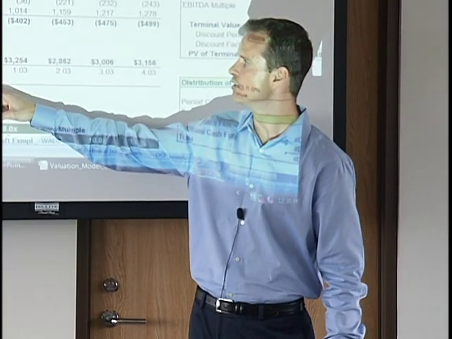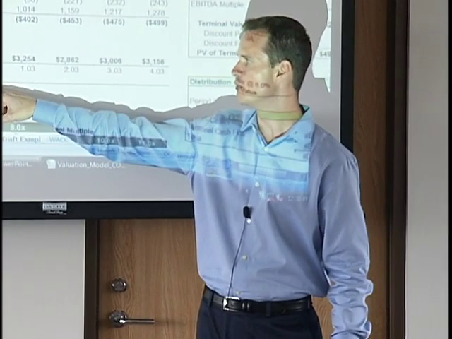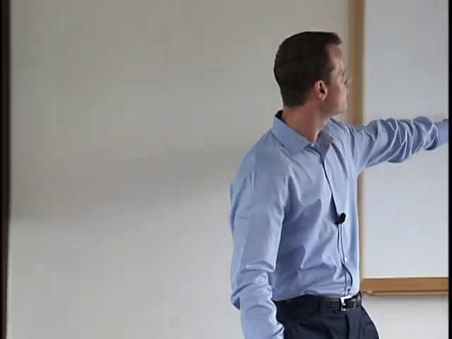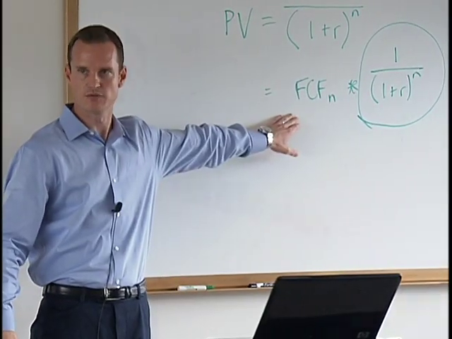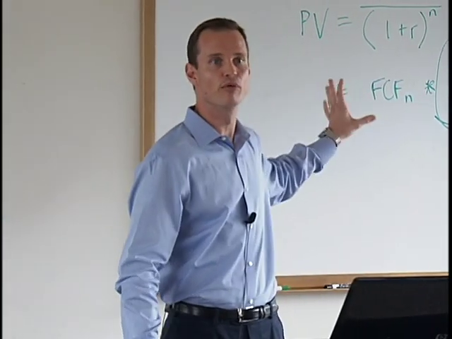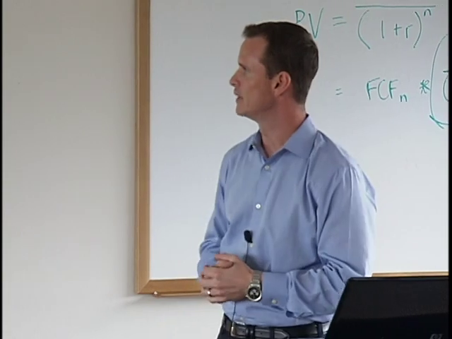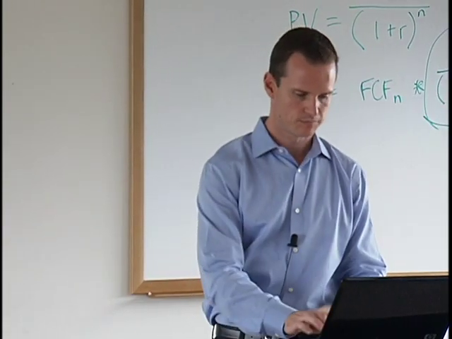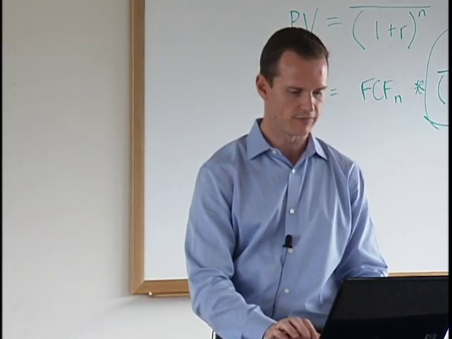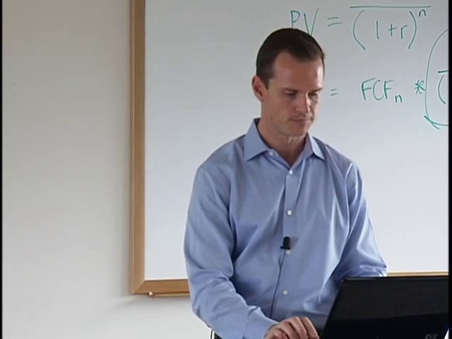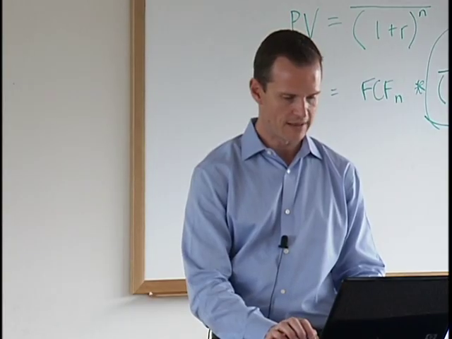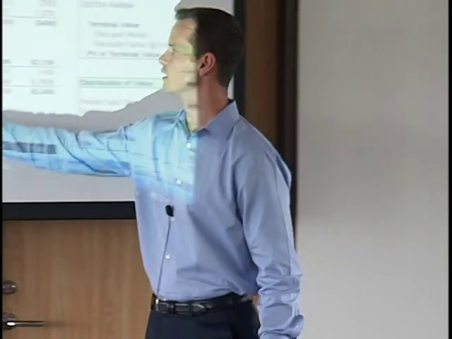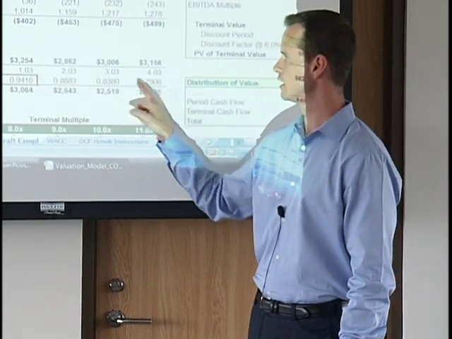So in year one, we're going to multiply 85 by 0.9981. That'll give us the present value of that future free cash flow. We're just taking an interim step here, breaking that present value formula down into 2 steps. So each year, multiply free cash flow by the discount factor. If we copy that across, you'll see that each year going out, your discount factor is falling.